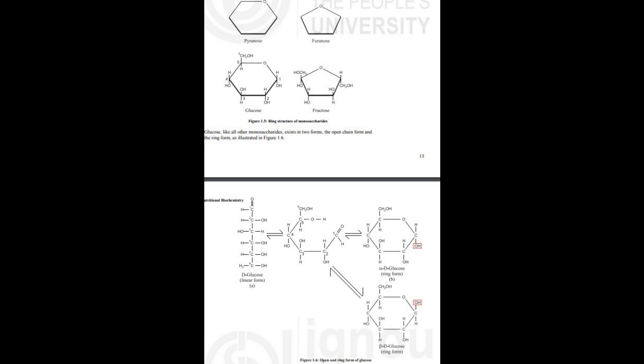This results in ring formation, that is either a 6-membered ring with 1 oxygen atom for aldohexoses or a 5-membered ring with 1 oxygen atom for ketohexoses.